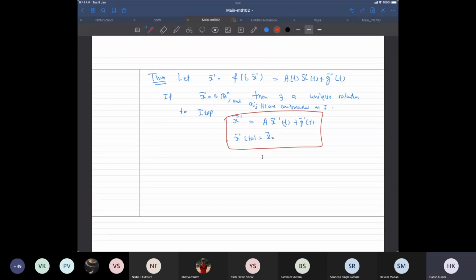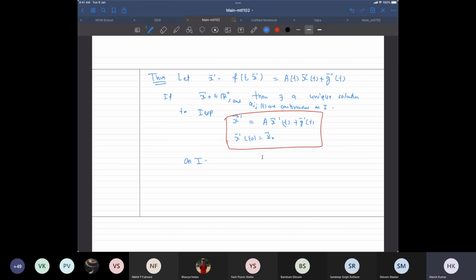So it's fairly easy and straightforward in this way. This becomes a subcase of the other. On I, of course, I have to say unique solution on I. I don't know anything outside I, so I cannot say. So if Aij happens to be continuous over the whole line, then you'll get a unique solution for the entire line.